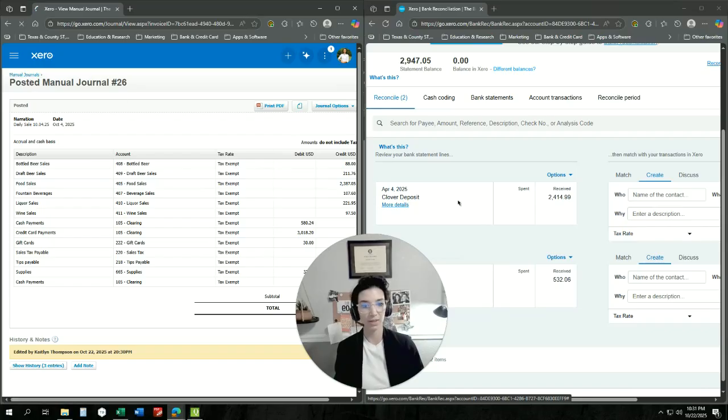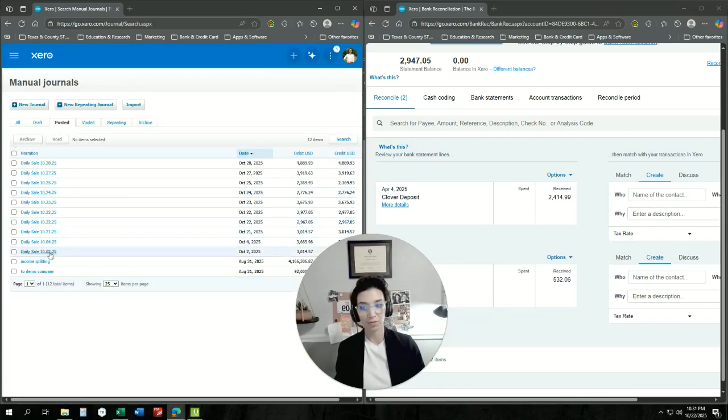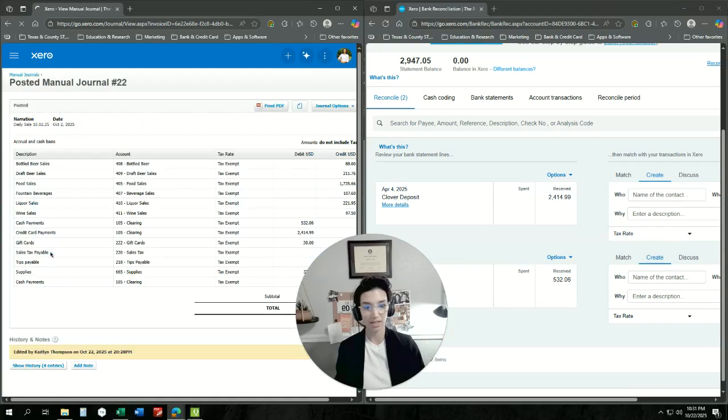So let's take a look at maybe a day or two before. So let's take a look at the 2nd. There's our deposits. So it could be that maybe this is a Friday daily sale and the deposit doesn't get made until Monday. If that's not the issue, make sure your discounts, tips, taxes, refunds, fees, all of your extras are all accounted for and properly recorded on the daily sale.